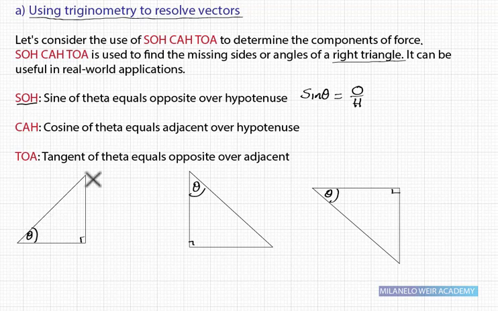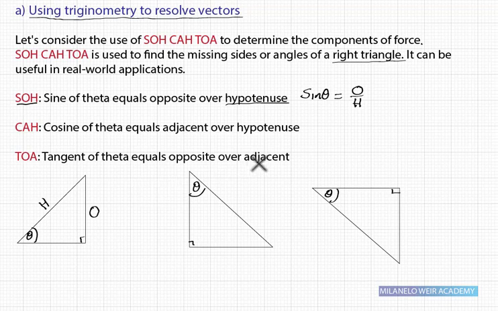The longest side is denoted H for hypotenuse. Then we have opposite. Opposite what? It's very important: opposite the angle given. So this is opposite.